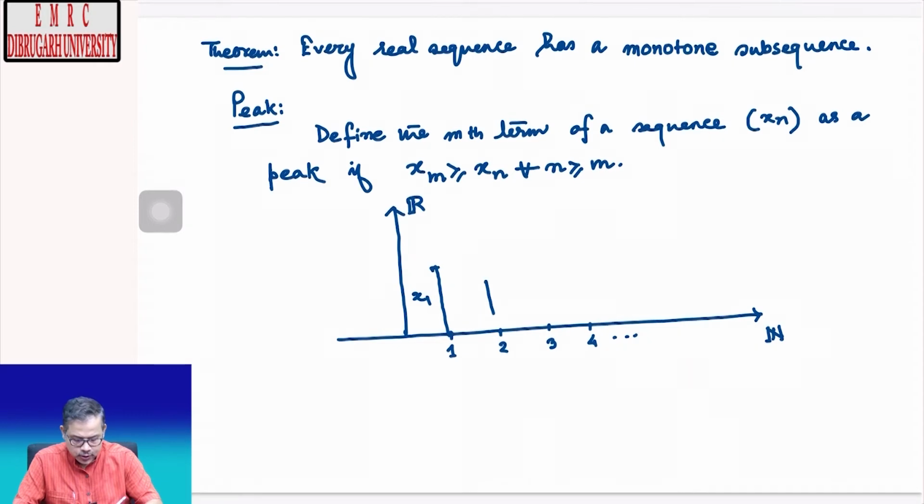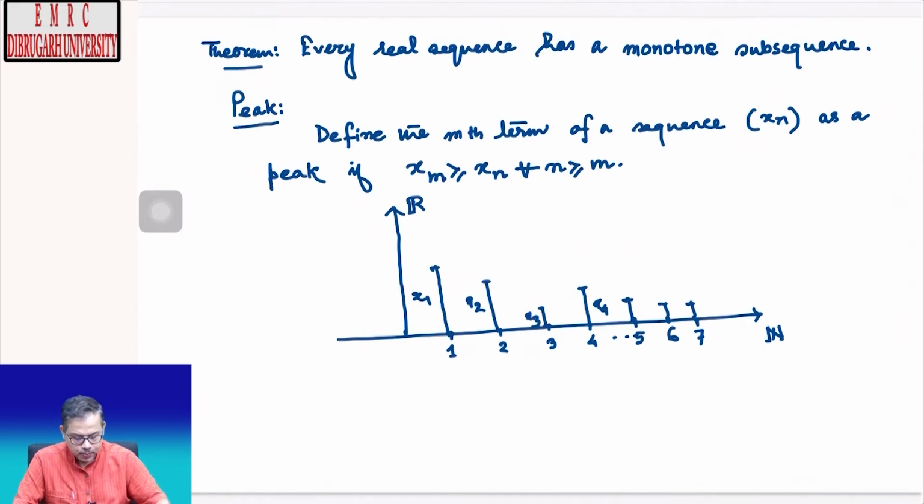I can take this to be x1, this to be x2, this to be x3, this to be x4, say this is 5, this is 6, and this is x6, something like that.